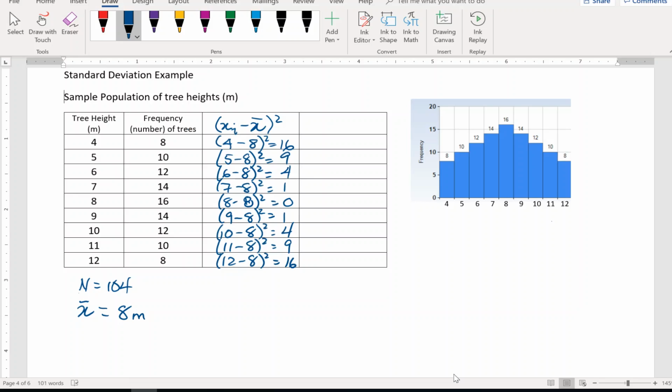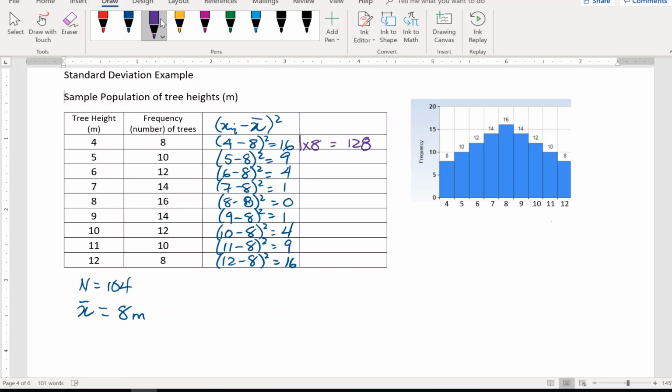Now let's take a look at that, because here we know, before we are able to sum up all these values, in this category, for example, we know that there are 8 trees that are 4 meters tall. So we don't need to calculate this 8 times. What we can do instead is just multiply this by 8, and that gives us 128.